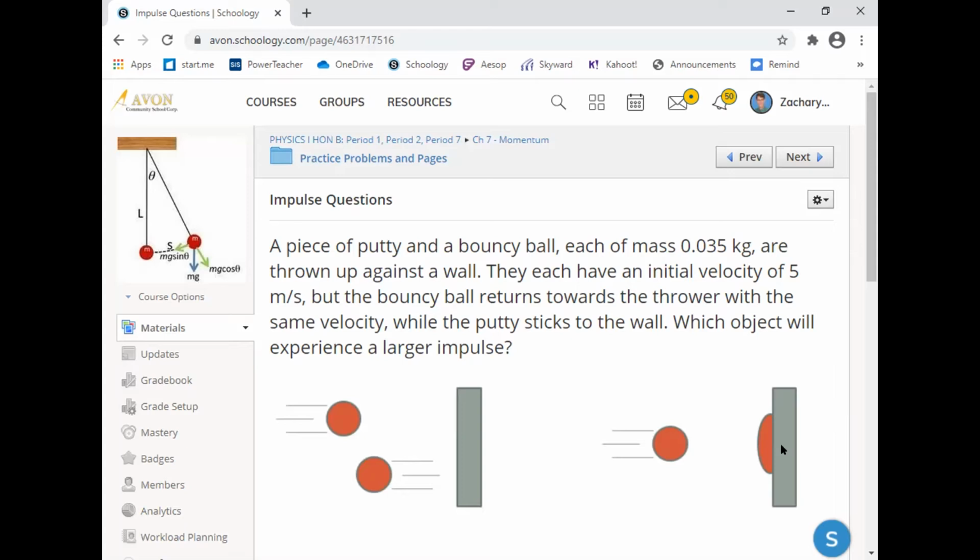So if I use the flat end, the one that doesn't bounce, and I pull it back the same height, there's not enough to knock it over. Because again, a bounce is going to apply a bigger impulse because its momentum has to change.